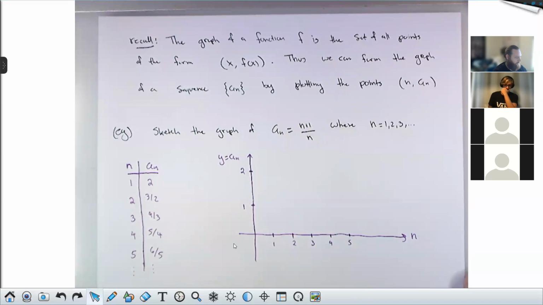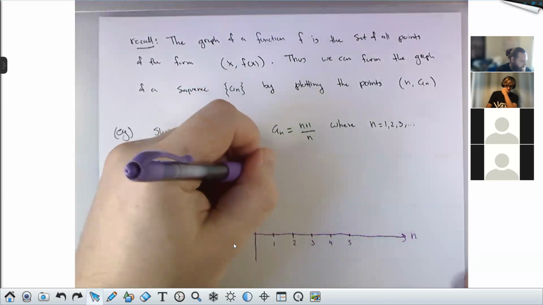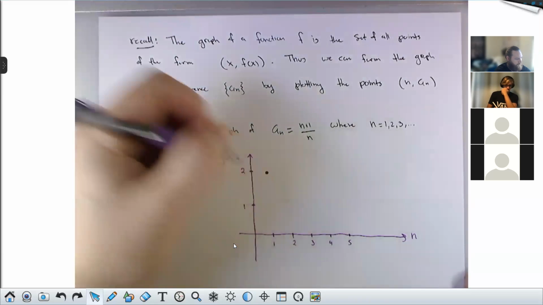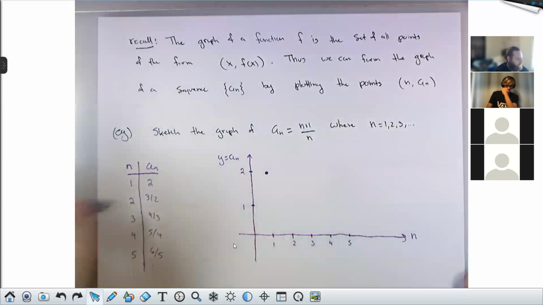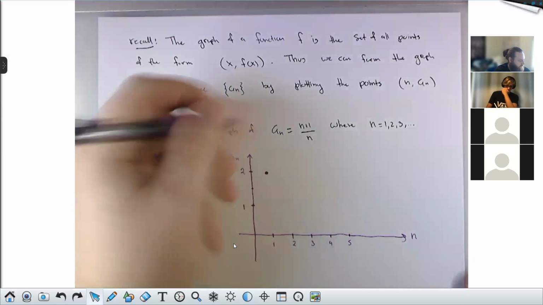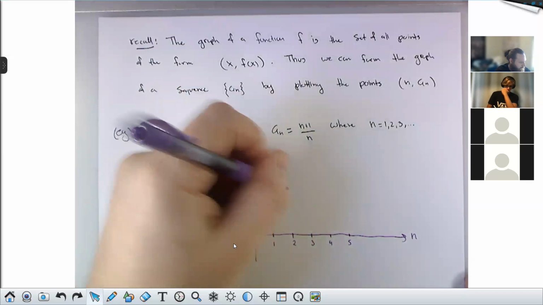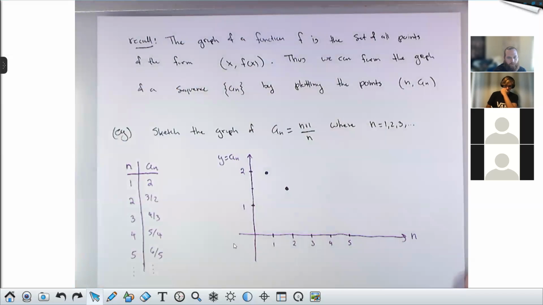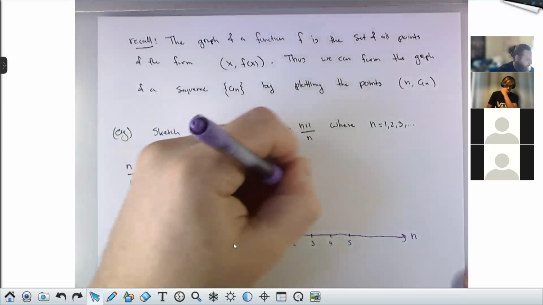The first point on the graph, just like when you're plotting points from a regular real valued function, is 1, 2. The next point on the graph is 2, 3 halves, or 2, 1.5. The next point is 3, 4/3, or 3, 1.33333, which is a little bit smaller.